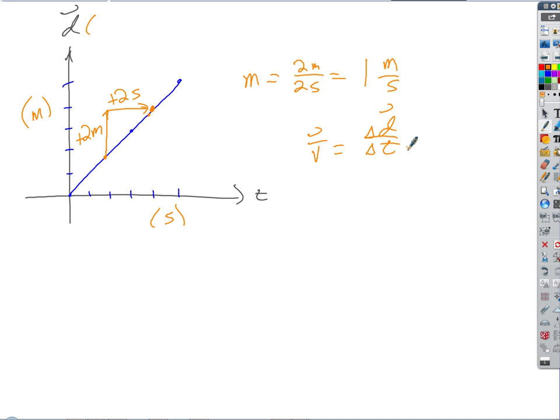Back in math class, we would have said change in y over change in x, right? Delta just means change in. But we don't have y's, we have d's. We don't have x's, we have t's. And so you can see right from this graph that has to be the case, doesn't it? The slope is equal to the average velocity, okay?